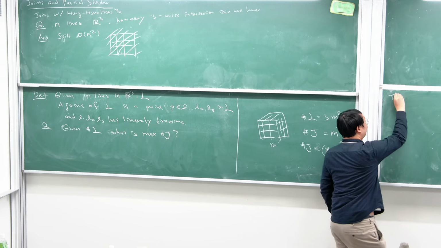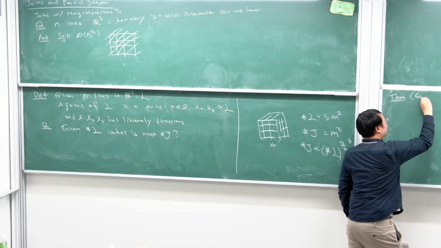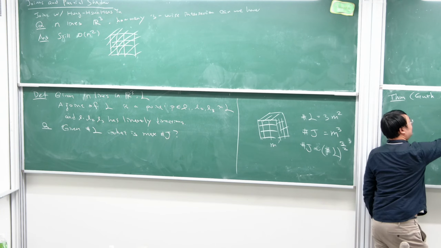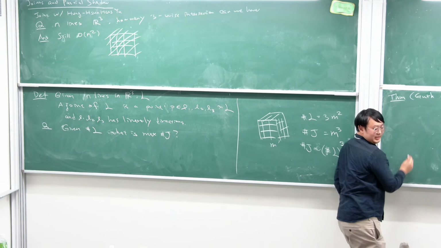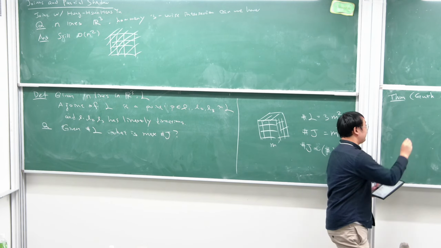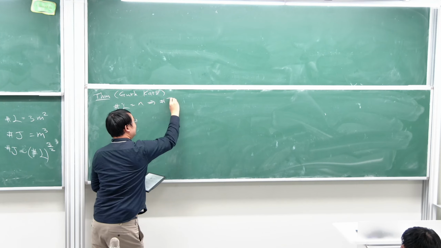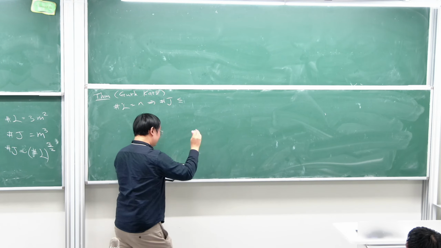So, theorem, Guth and Katz: if the number of lines is n, then the number of joints will be less than or equal to a constant times n to the 3 halves.